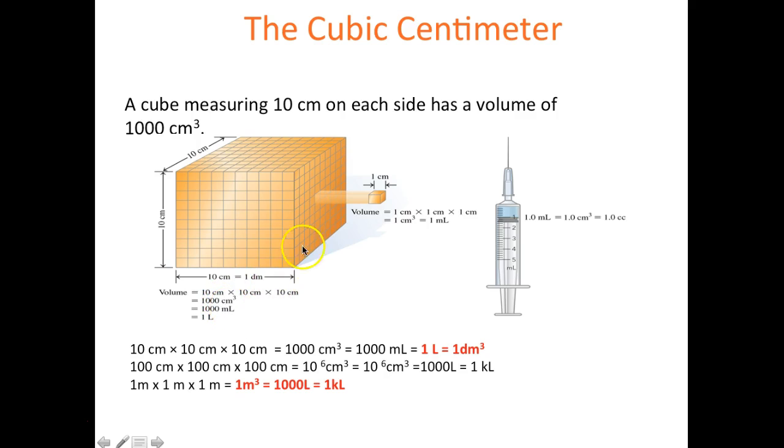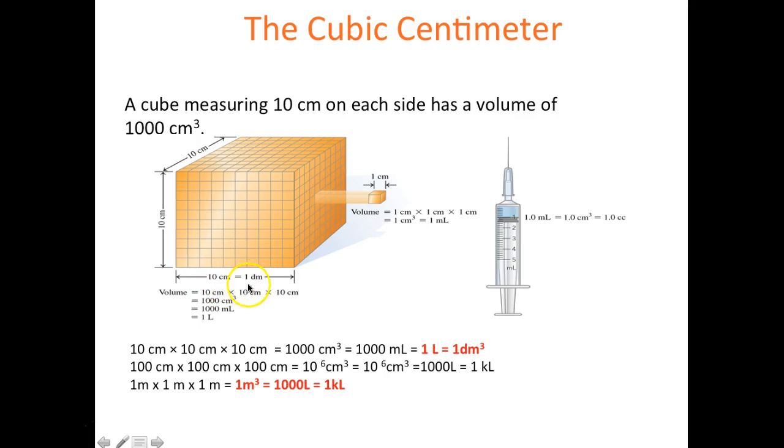Now how about an even bigger cube, the size of a tanker, with sides of 1 meter by 1 meter by 1 meter, a meter cubed? In terms of centimeters, a meter is 100 centimeters, like a decimeter is 10.